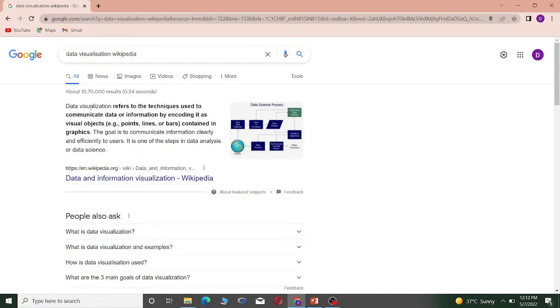But on the other hand, if the data is shown to you with the help of a graph or chart, then a human brain can easily detect the distribution of data, its mean, median, mode, outliers, and can detect trends and patterns, right? That is why we use data visualization.